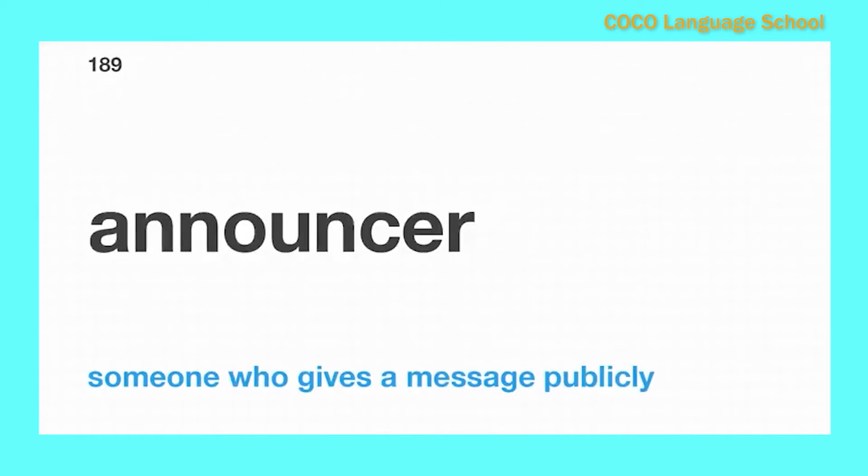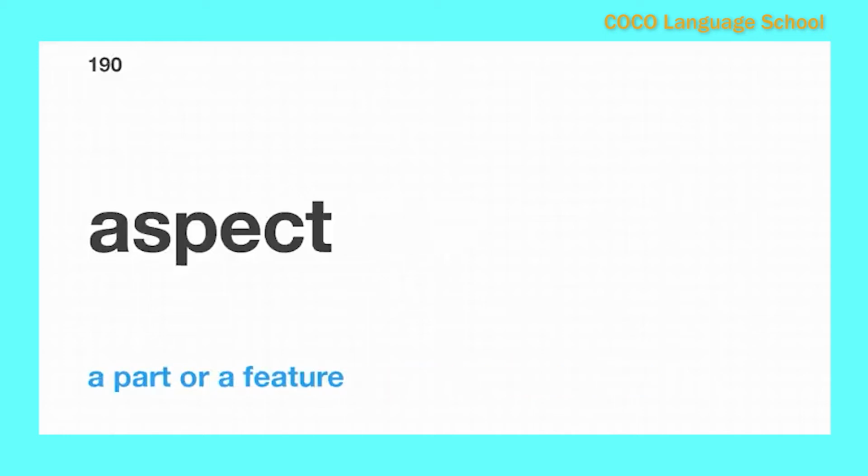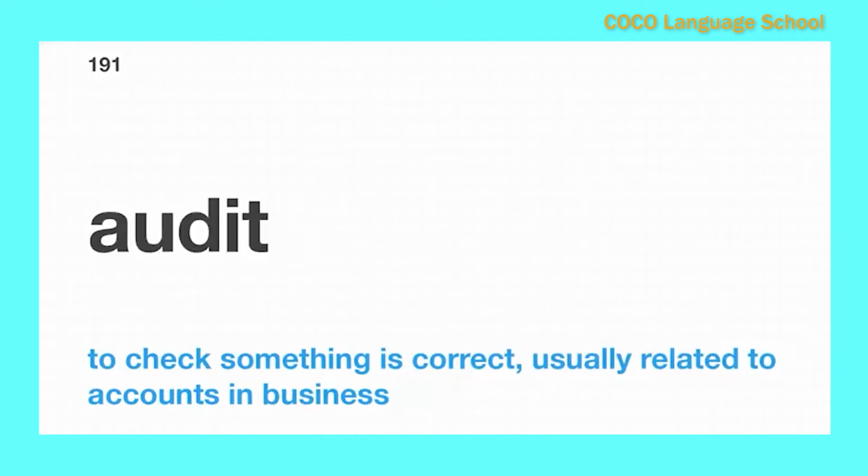A label. Tag. Someone who gives a message publicly. Announcer. A part or a feature. Aspect. To check something is correct, usually related to accounts in business.